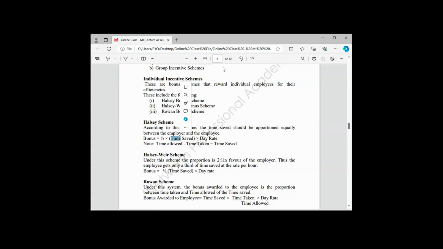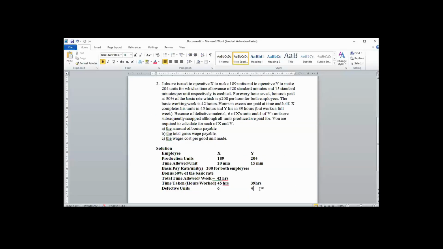Now let's go back here. May I ask a question, sir? In a situation whereby the bonus is 75% of the basic rate, does that mean we are going to use the second method? Just say 75/100 straight, multiply with time saved times rate, and you get your answer.